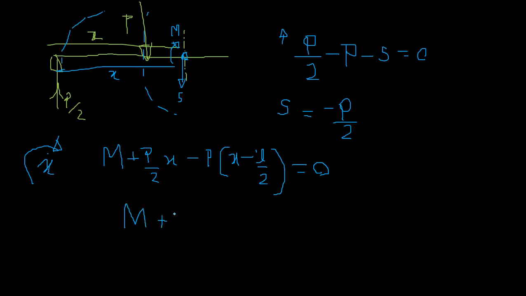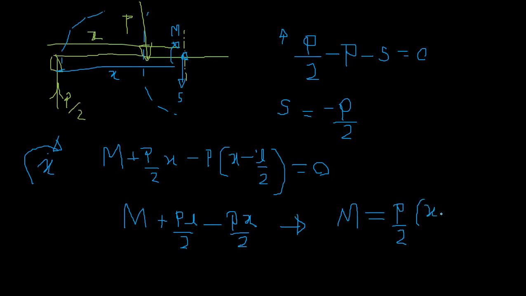This is PL by 2 minus PX by 2, right? So that is M is equal to P over 2 into X minus L, right? So you can see the other part.